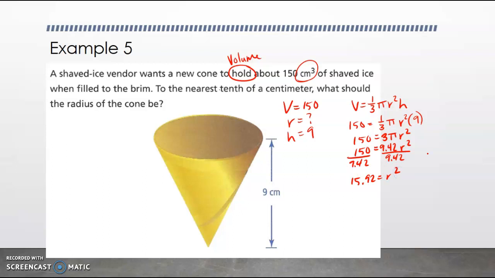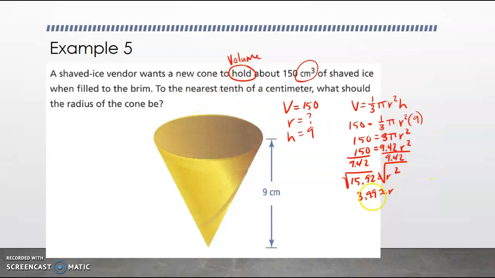We talked about before in 3.1 that the opposite of the square of something is to find the square root. So the square root of 15.92 is approximately 3.99. So that's approximately our r value. Now it wants the nearest tenth.